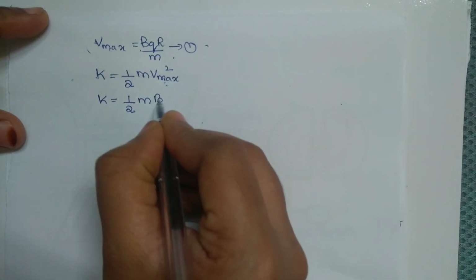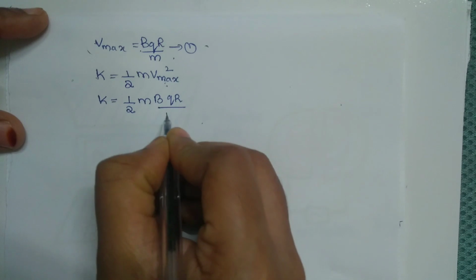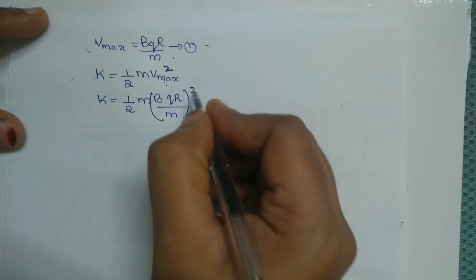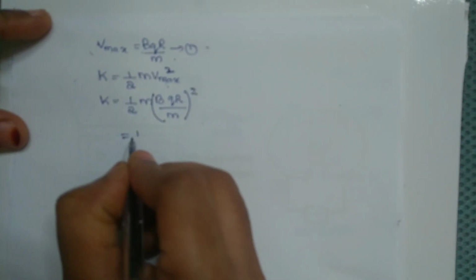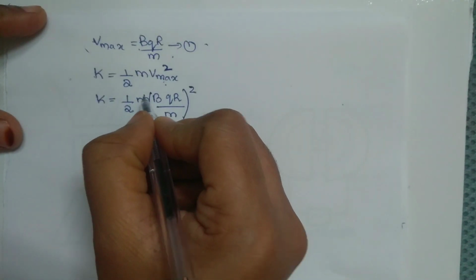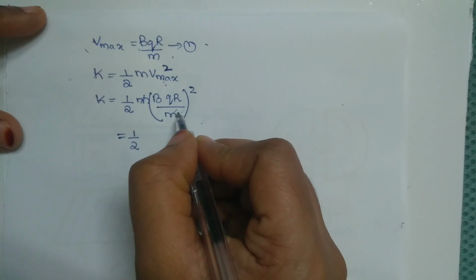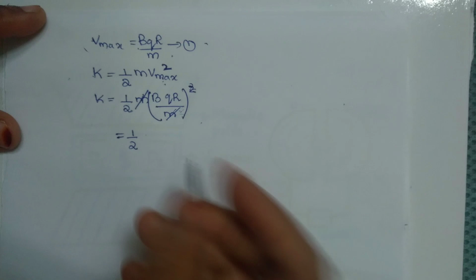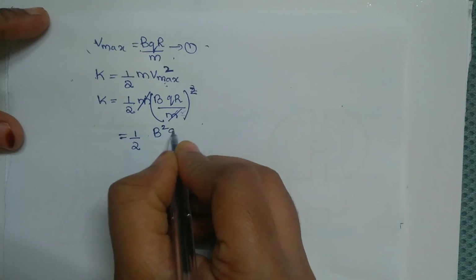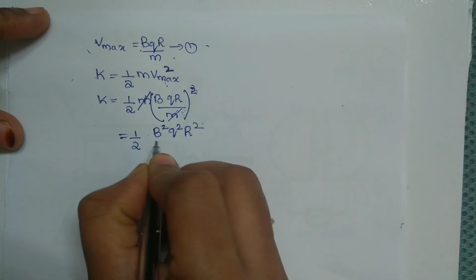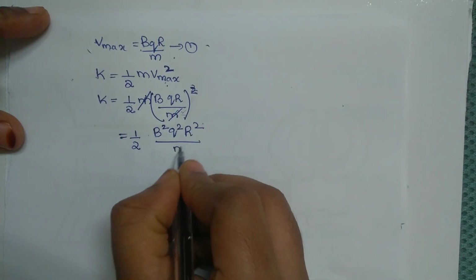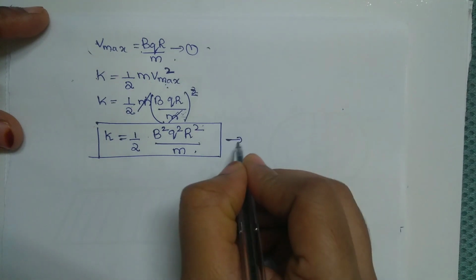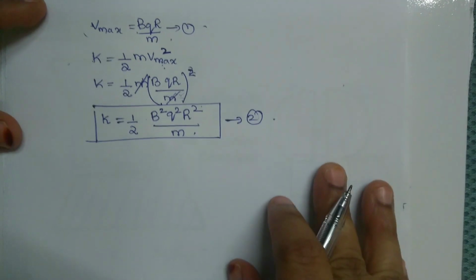It is BQR divided by M, squared. Now open this bracket: this is half, one m from here and one m from here will get cancelled since it is m square, so we get B square Q square R square divided by, since one m got cancelled, only a single m. So this is the kinetic energy equation. Let us consider this as equation 2.